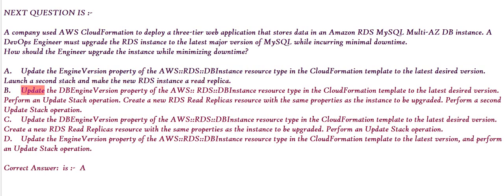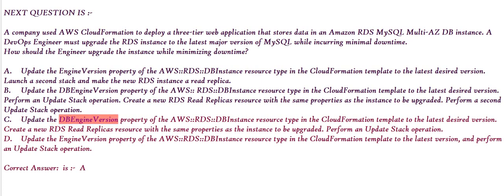B. Update the DB version property of the AWS RDS DB instance resource type in the CloudFormation template to the latest desired version. Perform an update stack operation. Create a new RDS read replicas resource with the same properties as the instance to be upgraded. Perform a second update stack operation.